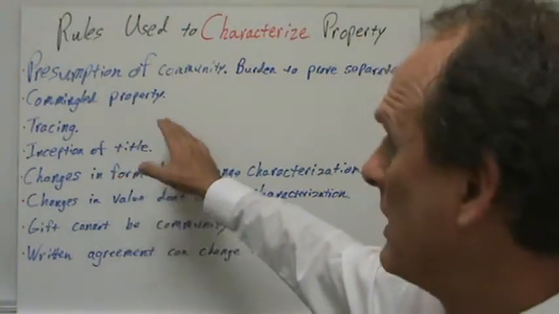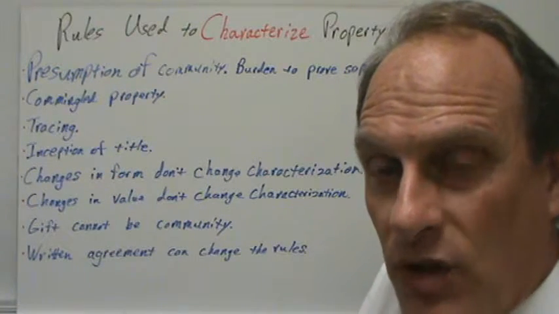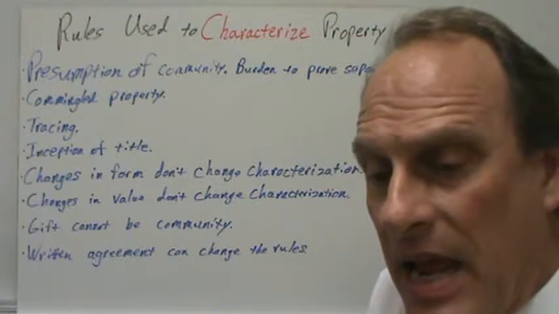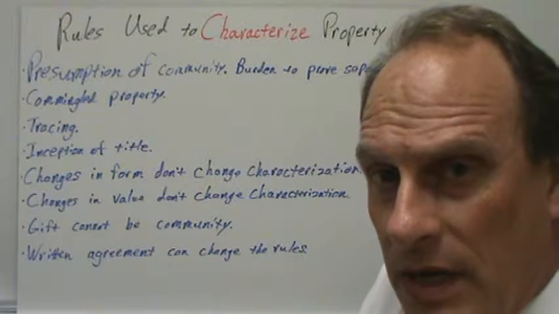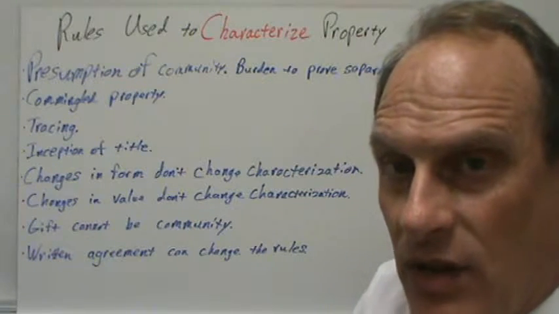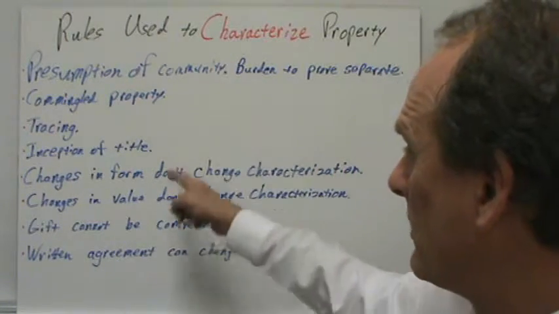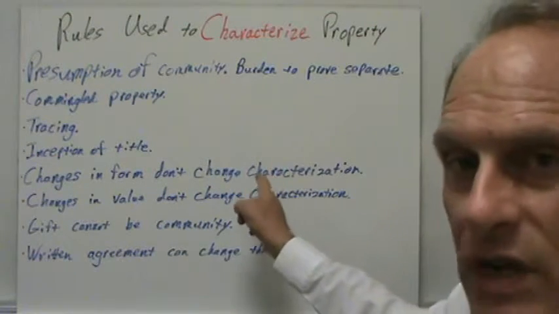What we do there is follow the property and the forms of the property that it is in, to determine whether it is community or separate as the property changes form, as it changes value. Change in form of the property doesn't change characterization.